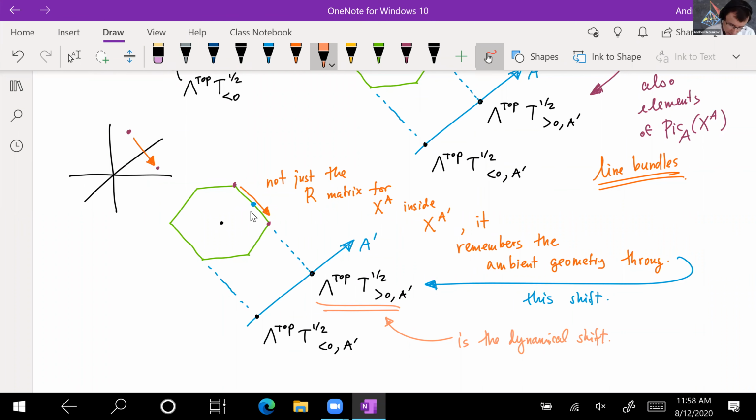But this transformation from here to here, if you go around this side or around that side, is almost the same, but not quite. And this has to do with precisely the shift of the scalar variables.